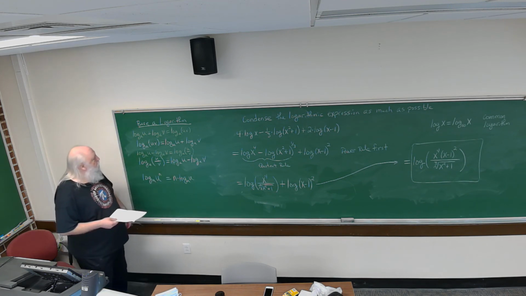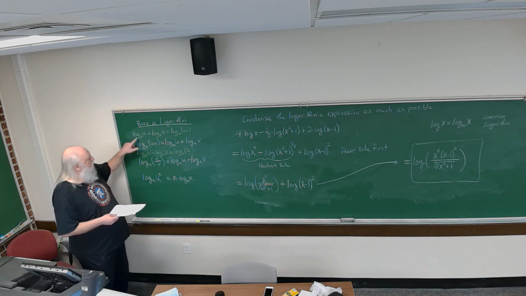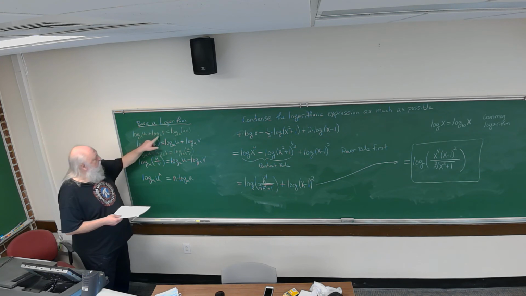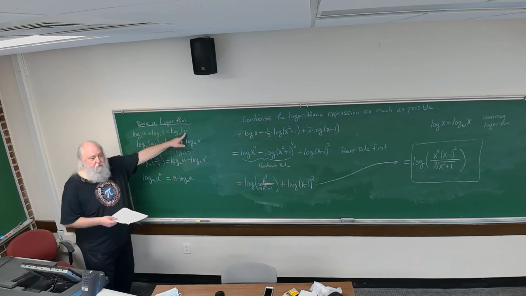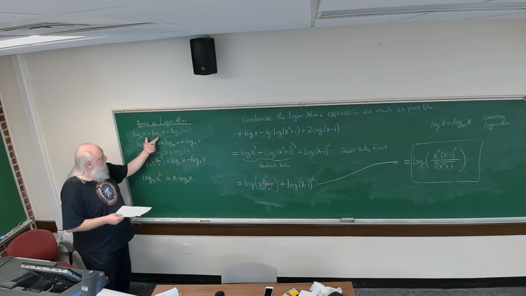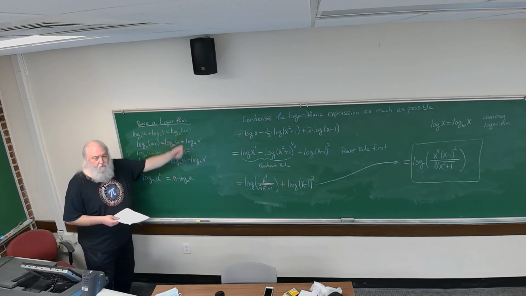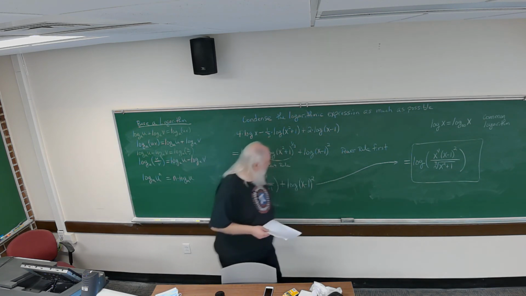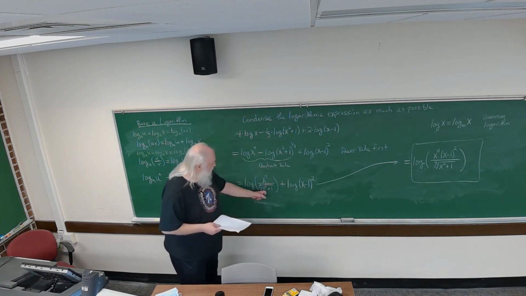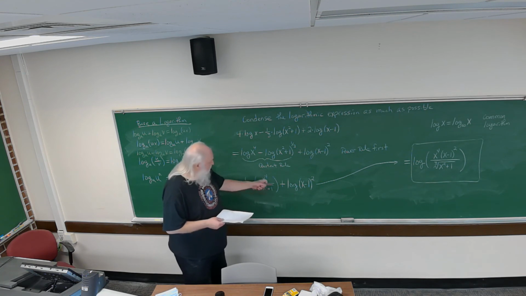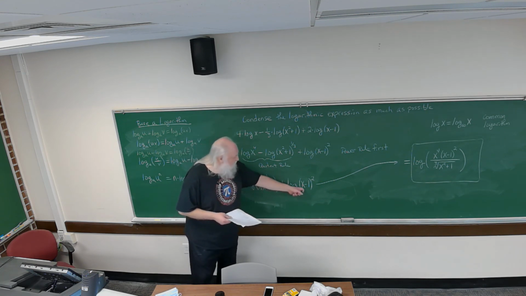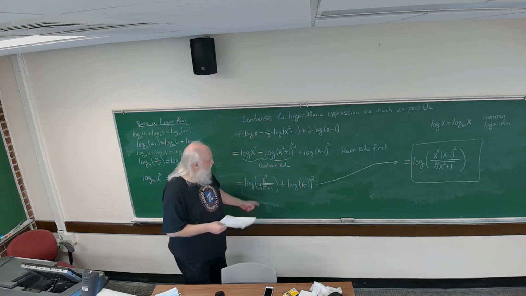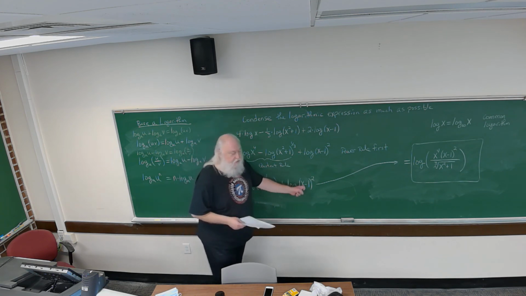And the product rule in reverse says log base a of u plus log base a of v is equal to log base a of u times v. So we can take the sum and write it as the log of a product. And so that's what I've done over here. I've taken the log of this in parentheses plus the log of this and written it as a single log as this times this.